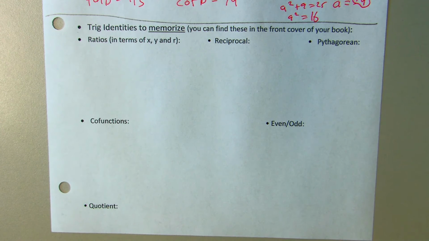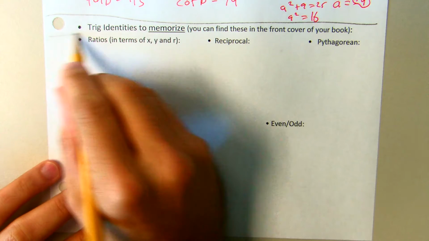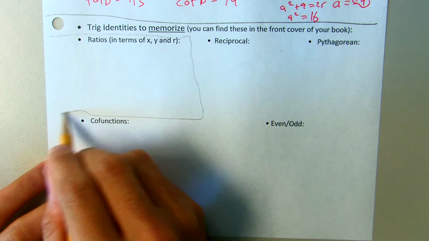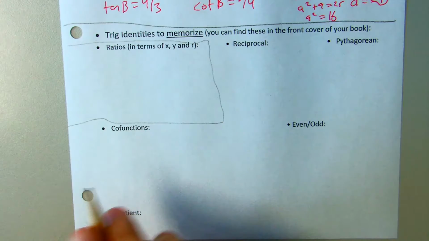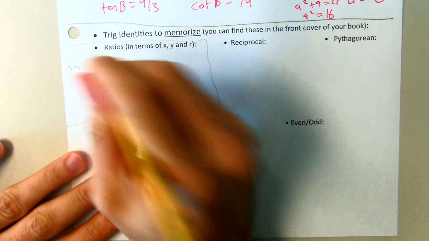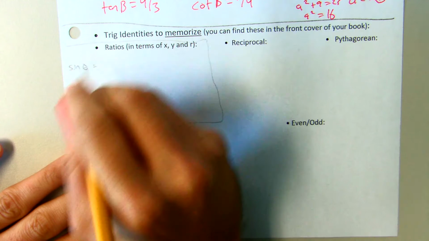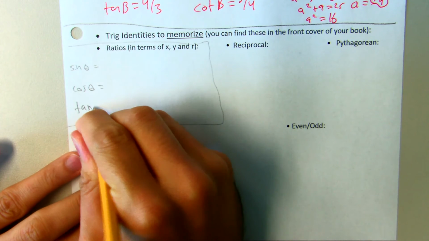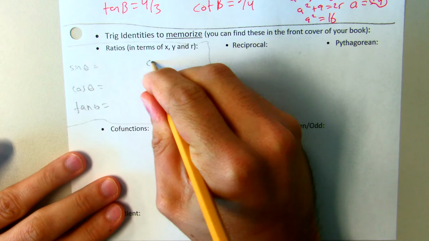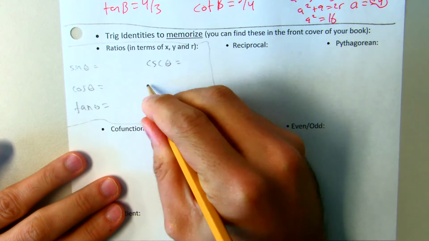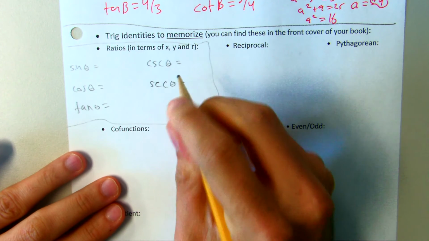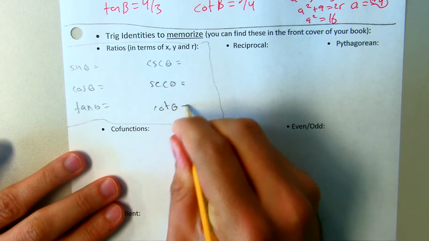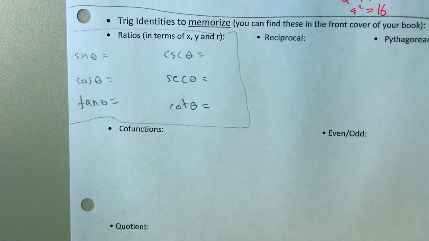Now, in all of these, we've already talked about some of them. Last class, I guess 2 classes ago, we talked about the trig functions in terms of x, y, and r. So I drew a picture, I drew an x and y axis. And so you already have that in your notes, but I will remind you of those.